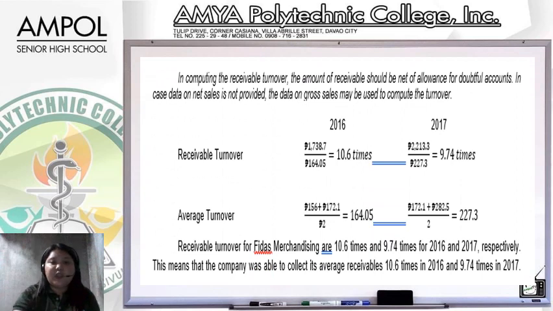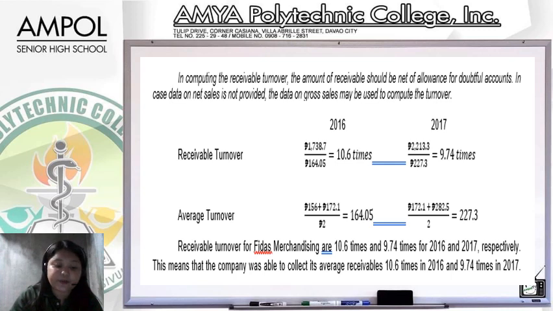In computing the receivable turnover, the amount of receivable should be net of allowance for doubtful accounts. In case data on net sales is not provided, the data on gross sales may be used to compute the turnover. The receivable turnover for Yvonne Merchandising is 10.6 times and 9.74 times for 2016 and 2017.